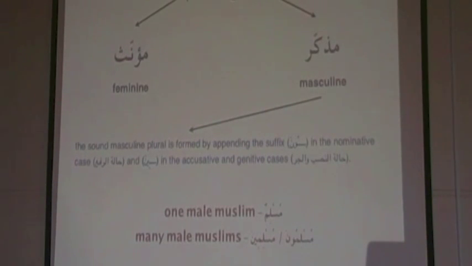Everything remains the same, but there can be a change in the last letter. And in Quran, when there is mu'minin, can you read mu'minun instead? No. And in normal language, you can't change mu'minin to mu'minun, because the speakers refer to it differently.